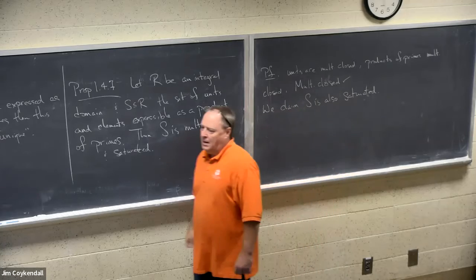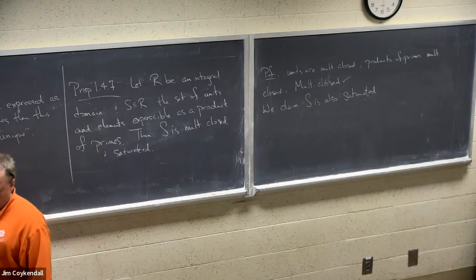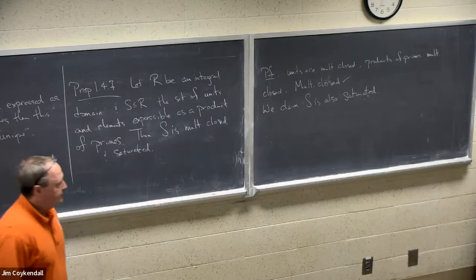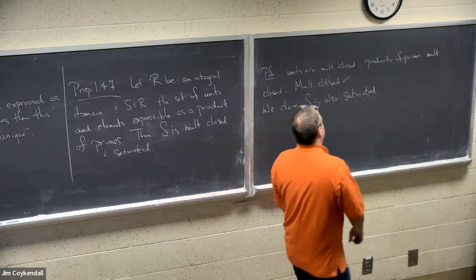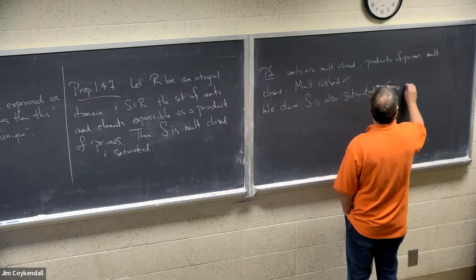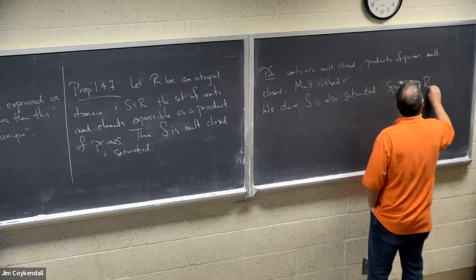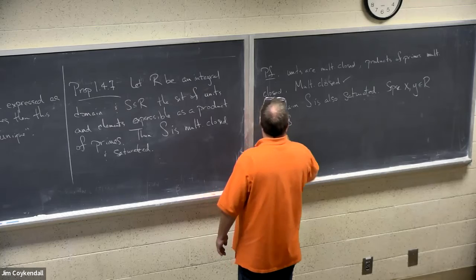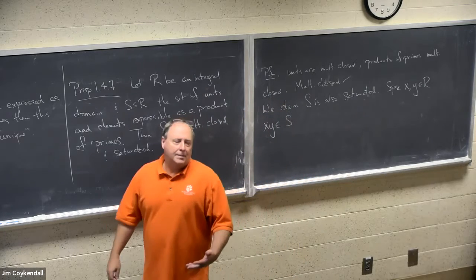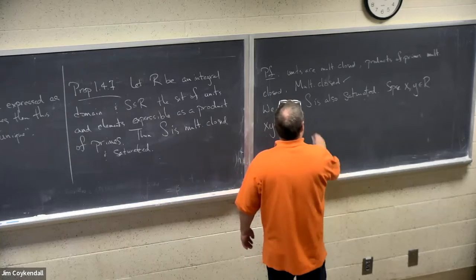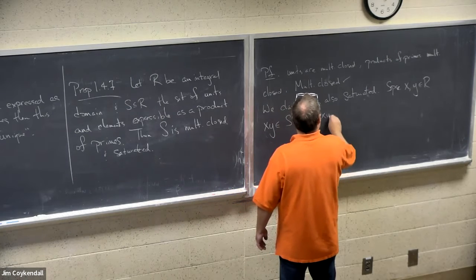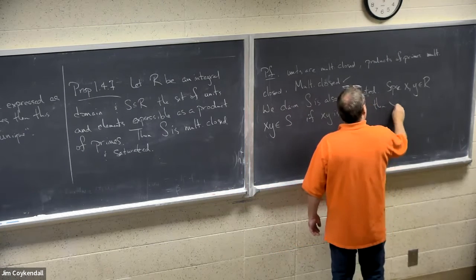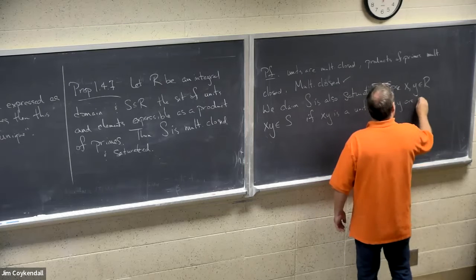To this end, suppose that X times Y is in S. Suppose I have two elements in R and XY is in S. Well, if XY is a unit, then X and Y are units.